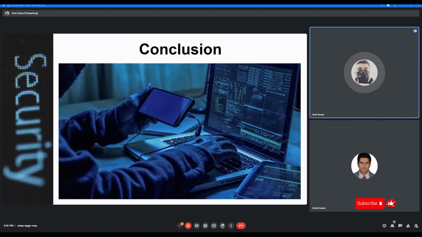Vigilance and continuous improvements in security systems, along with user education, are key to ensuring the integrity of computer networks against spoofing and other cybersecurity threats.